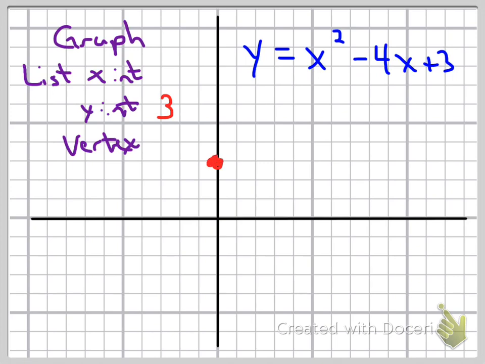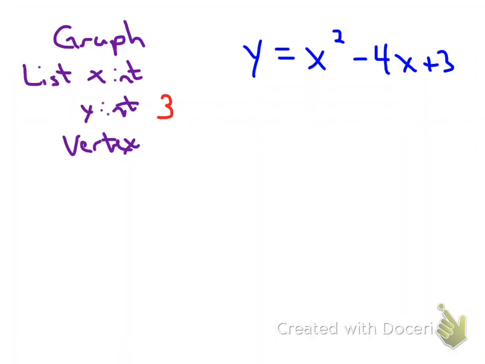But I need to solve for my x-intercepts and my vertex as well. So before I finish up that graph, there's a couple things I can do. What we've been working on in this chapter is finding our x-intercepts by factoring and zero product property. So I can do that right now.